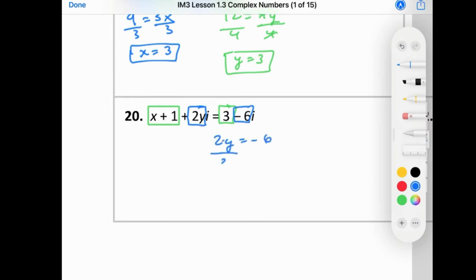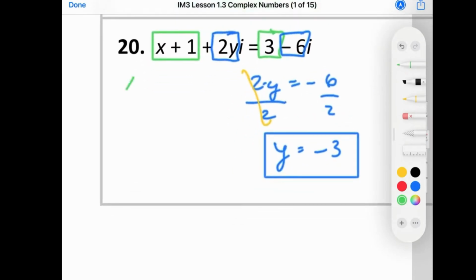There's multiplication, the opposite is division, so y is equal to negative 3. Okay, looking over here, I have x plus y equals 3, and we subtract 1, and we're going to get x equals 2.